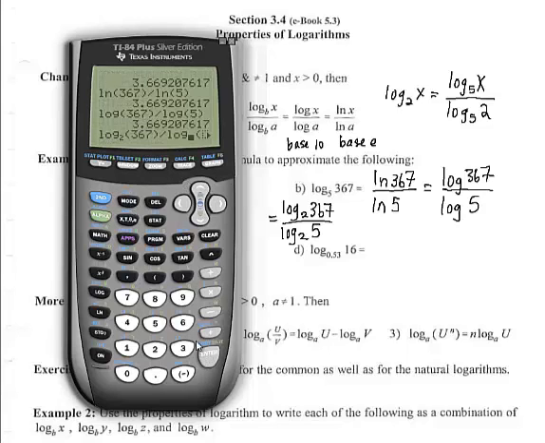But just make sure you're careful with the parentheses. Okay, so they're already given to me. I don't have to put in my own. I just simply enter the base and the argument, and there we go. Okay, I finally entered it into the calculator correctly, and we get the same result as we had before, 3.66920767. So any of these expressions, any of these logs with the different bases, are equivalent to this original expression, log base 5, argument 367.